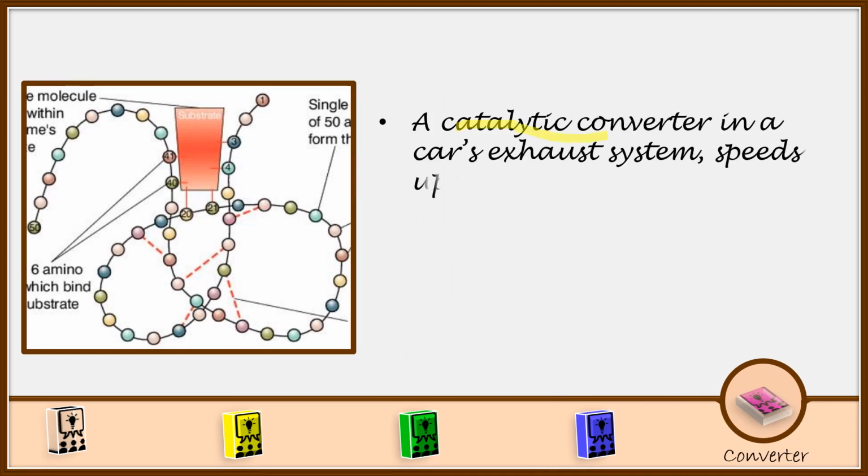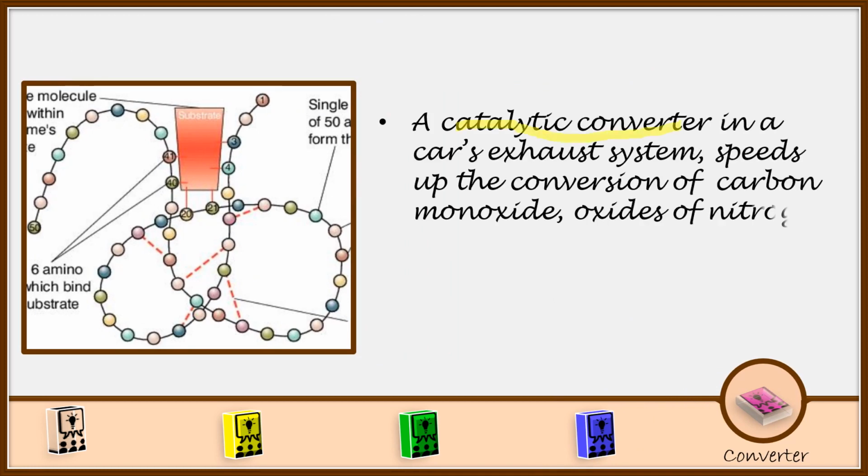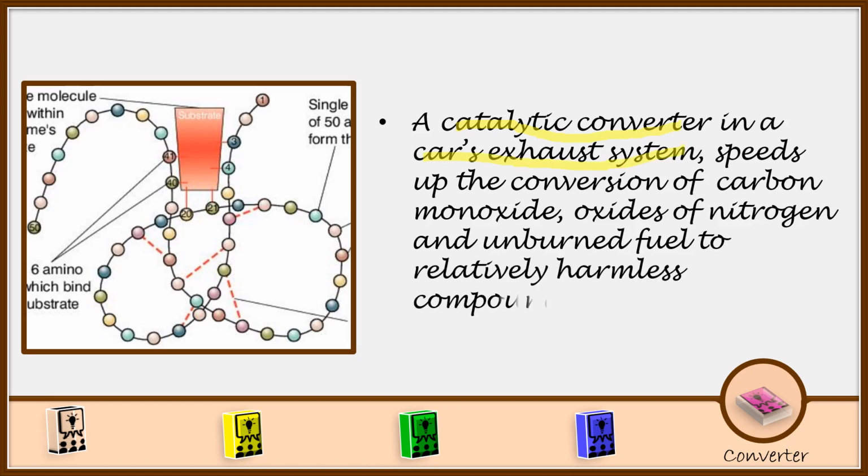A catalytic converter in a car exhaust system speeds up the conversion of carbon monoxide, oxides of nitrogen, and unburnt fuel to relatively harmless compounds.